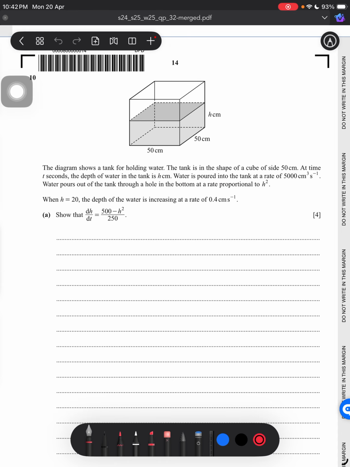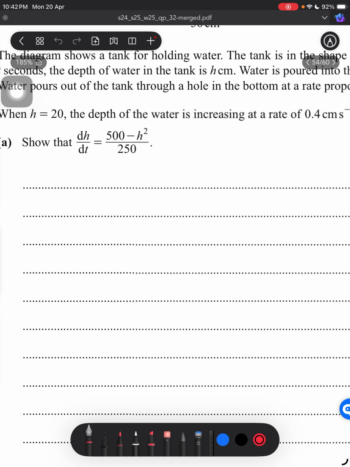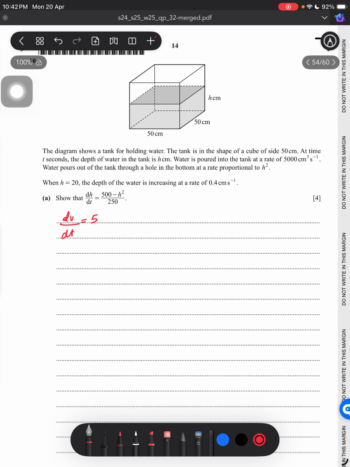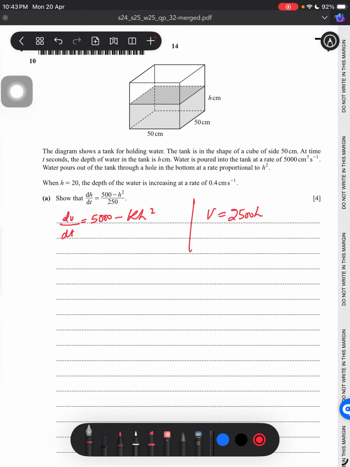So we have two things mentioned. dV/dt is equal to 5000 minus k square root h, and V is already given as 2500 times h, so dV/dh will be just 2500. So we need to find dh/dt.